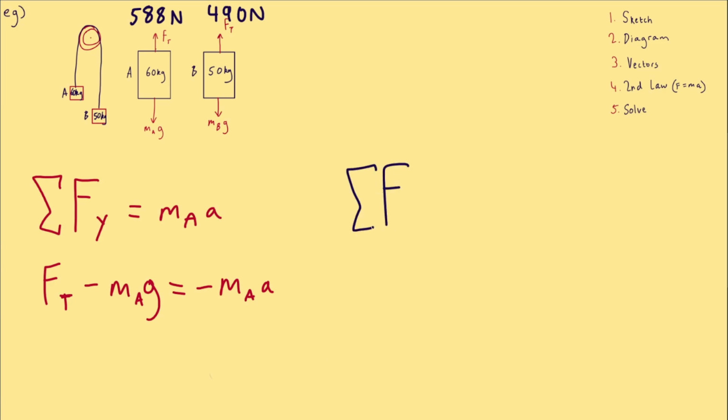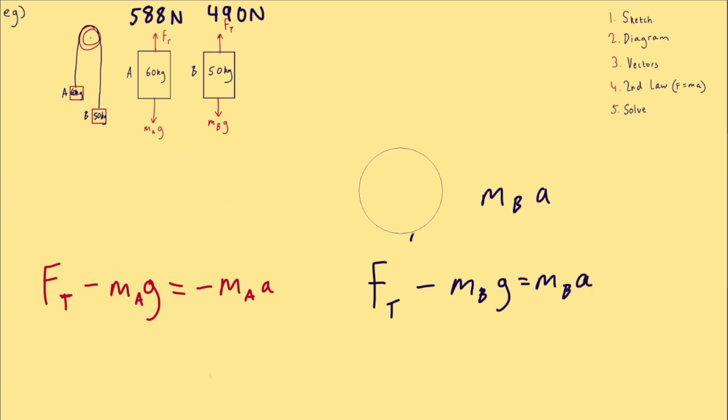Let's do the exact same thing. The net force is the tension pulling it up, take away gravity pulling it down. That's equal to mB a. This is positive because B is going up. So as you can see, we have found our two equations. Great, we've done the second law part. Now it's time to solve.